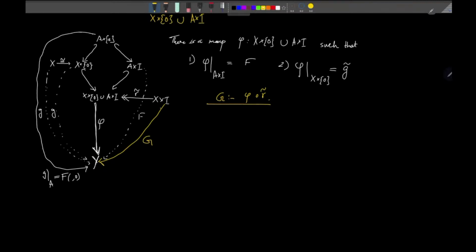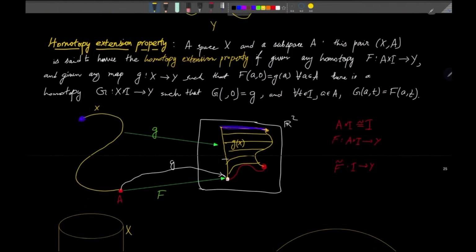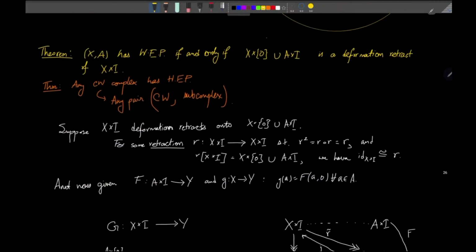So if you look at the definition of the homotopy extension property, we required that there is a homotopy G, but it has to follow a few conditions. G restricted to 0, the first map of G, is equal to this map we had right here.